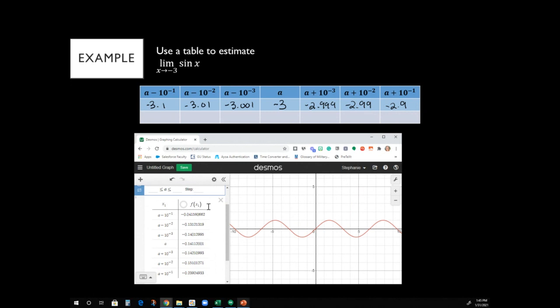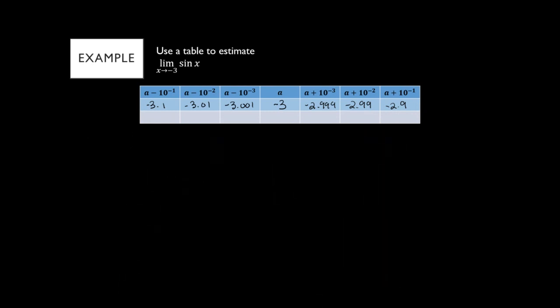So I'm going to round these and put them on the table, just being very careful about my rounding.